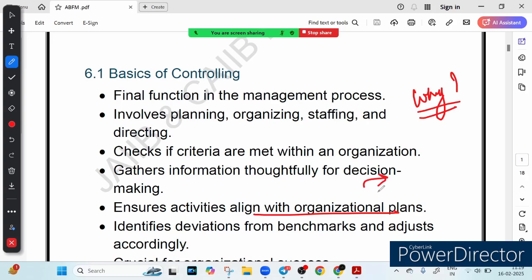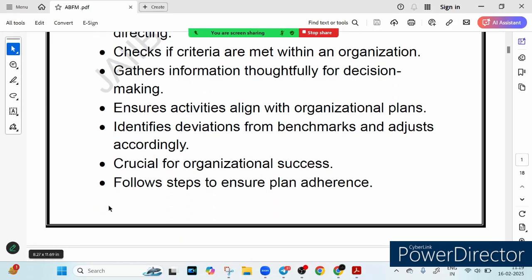If something is not going as planned, controlling identifies the deviation, meaning the issue, and fixes it. It ensures that the company does not waste resources, maintains quality and expands smoothly.